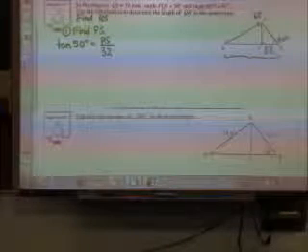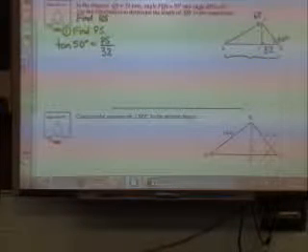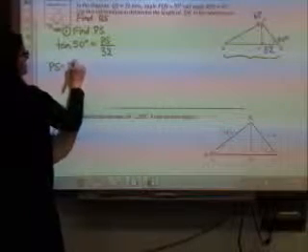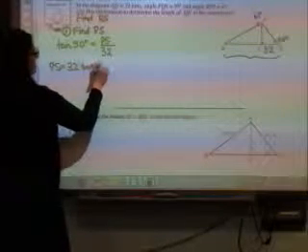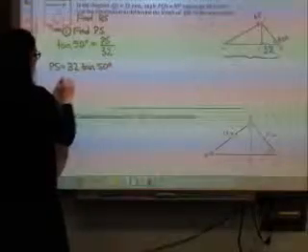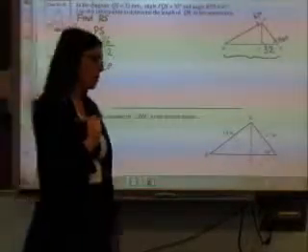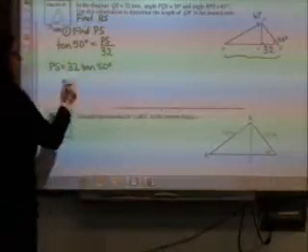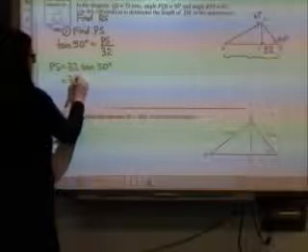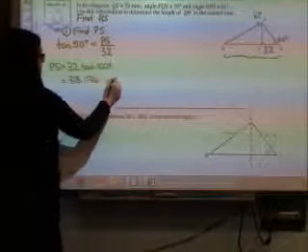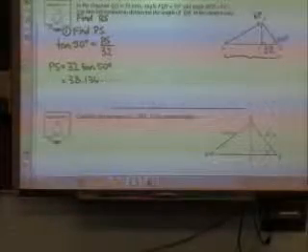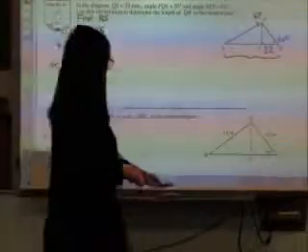So how do I get PS by itself? And when I go 32 tan 50, what do I get? 38.136. So that's to find PS.